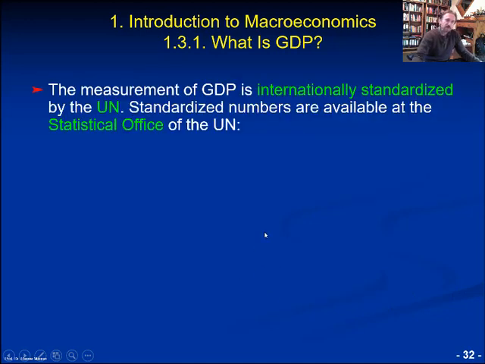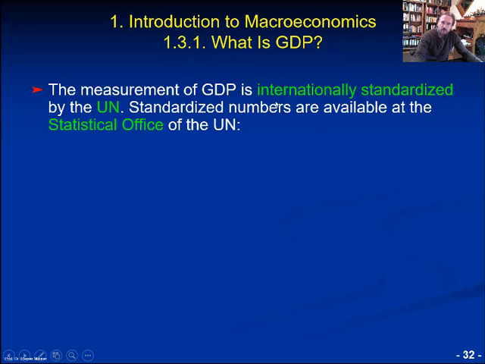Now, if you are interested in statistical sources that provide you information about GDP, I can give you 3 links.